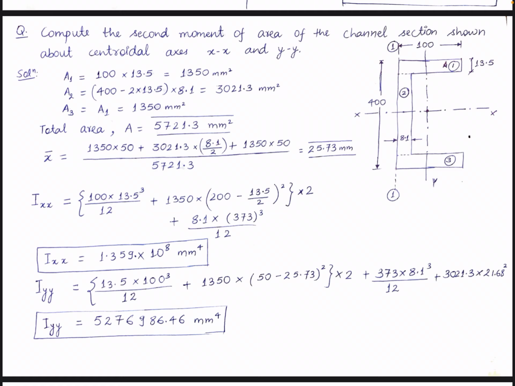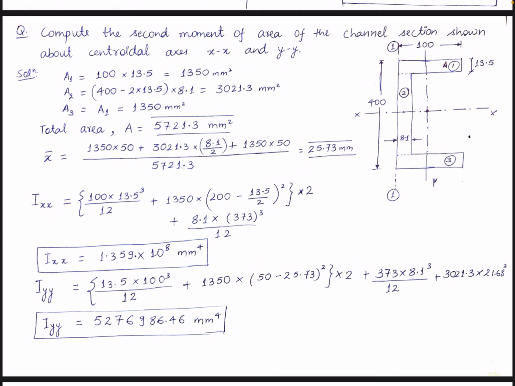I have tried to take every particular section, like T section, L section, I section, so that you will not be afraid in the examination when such questions come. This is a channel section, 400 is the depth and 100 is the width. Similarly, simple calculation, Ixx and Iyy. For Ixx, y bar you have to calculate, and for Iyy, x bar you also have to calculate.